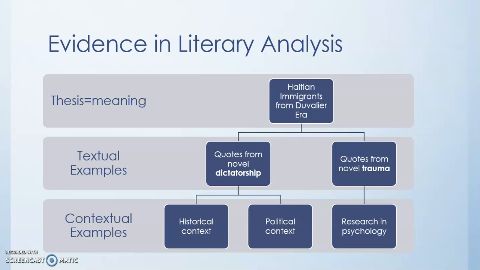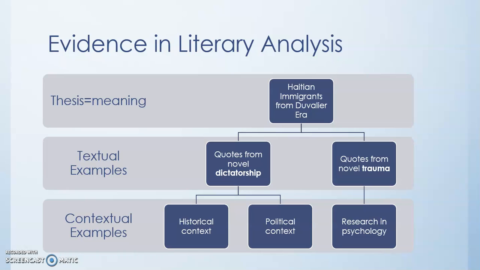I have quotes from the novel about the Duvalier dictatorship, and now I'm going to search for other sources that are going to provide me some historical context, some factual evidence that will help the reader understand more of what was actually happening in Haiti and with Duvalier, with the henchmen that he had used, including the Dew Breaker, right?